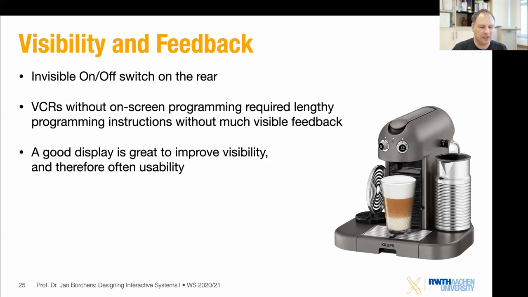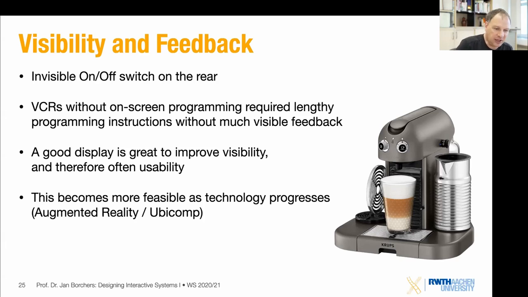So good display is great, improves visibility, often also usability. And this actually is becoming more feasible as technology progresses, right? In the 80s, 90s, the VCRs were technology limited by the display they could have. It was just expensive to put high resolution displays on them, and then they used the TV.